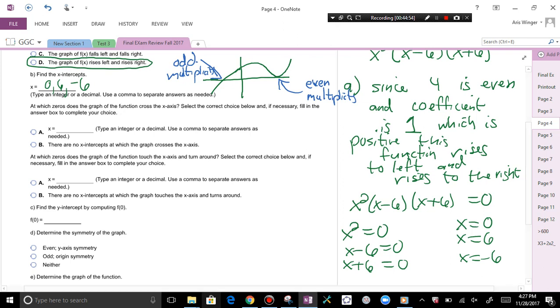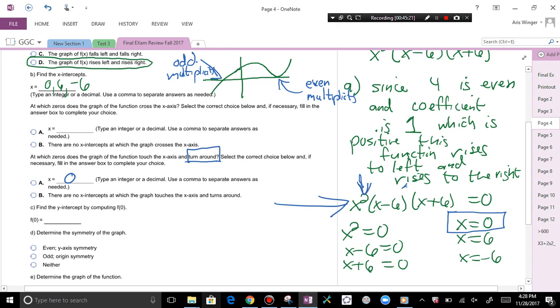You can tell which ones are which at this step. Because this is a 2, this is of even multiplicity, and this will turn back. This will turn around. 0 is the answer to this one, simply because it appears an even number of times.